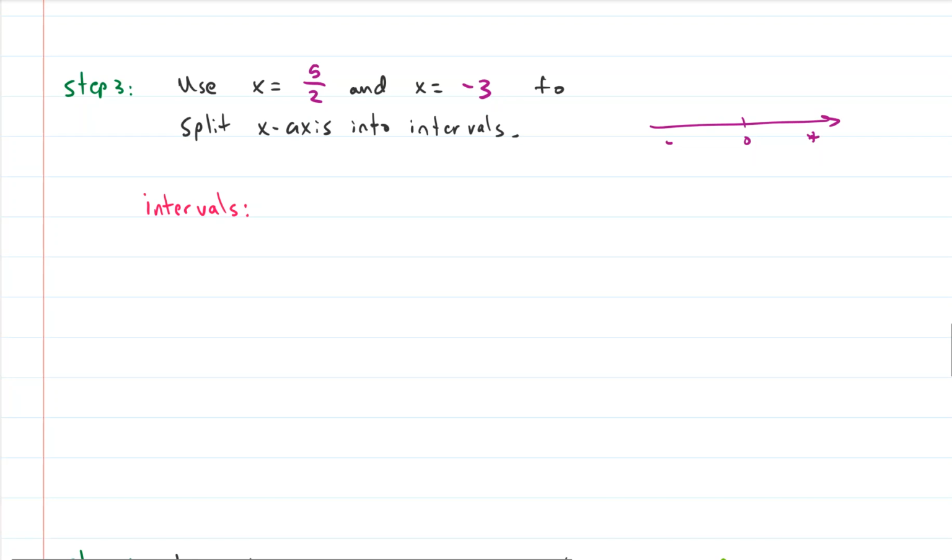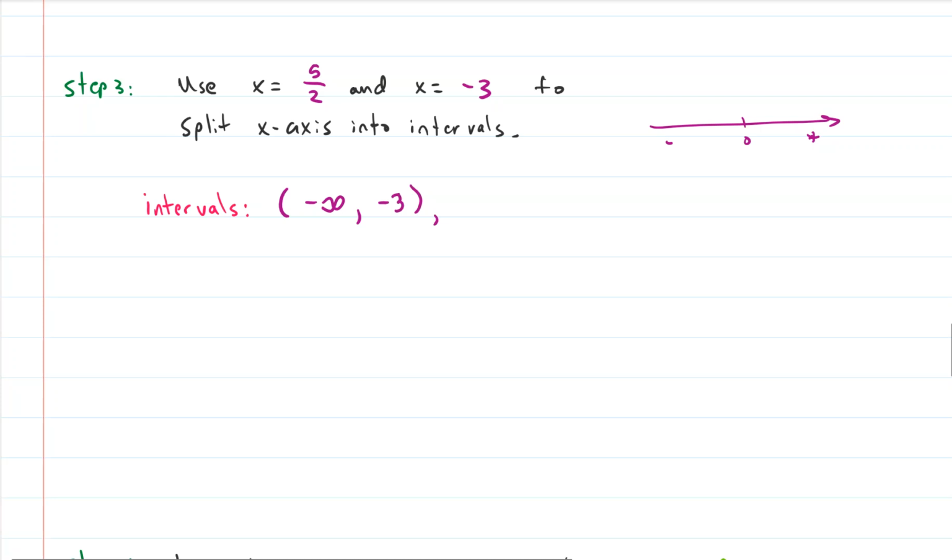So if we're coming from the left, we'll have negative infinity. What's the first thing we come up against? Well, we come up against negative 3. And we're not going to include negative 3 because we want strictly greater than 0, not greater than or equal to 0.